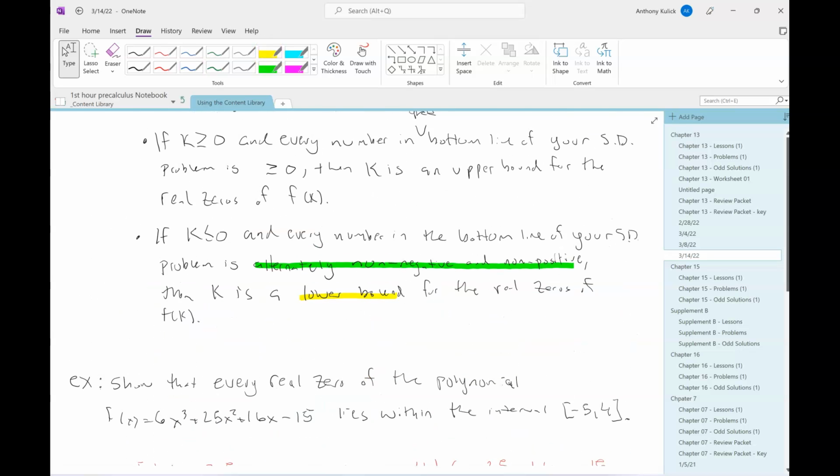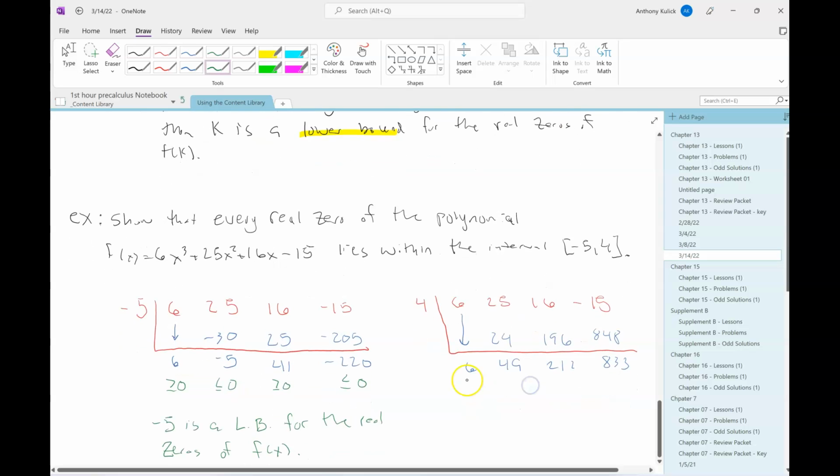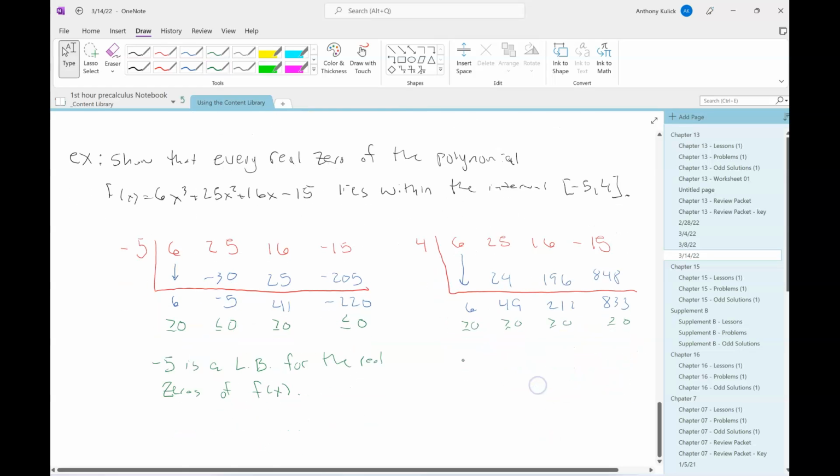So again, for this one, for the upper bound, I want all of those to be greater than or equal to 0. So all of them should be non-negative. Non-negative, non-negative, non-negative. So I can conclude 4 is an upper bound for the real zeros of f of x.